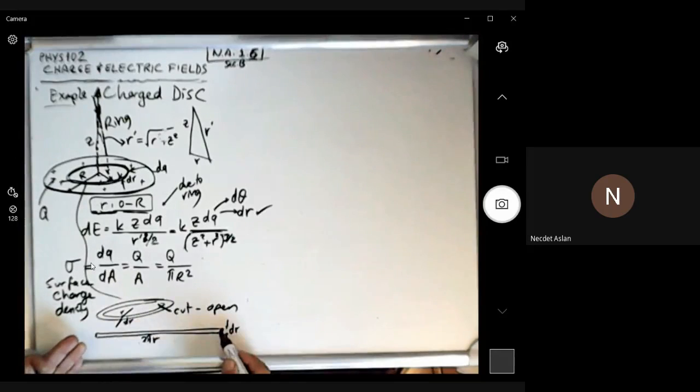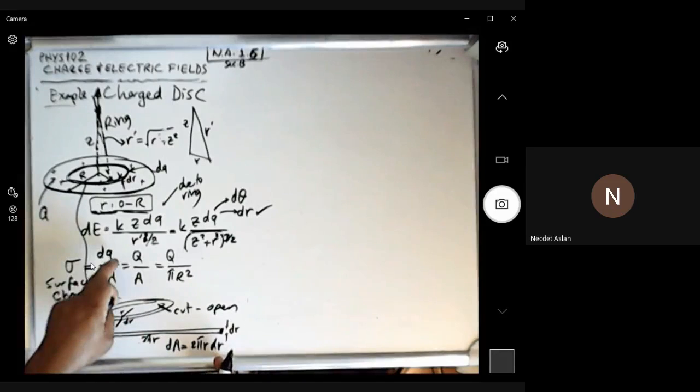This side will be just dr, but this long side will be 2 pi r, the circumference of this circle, where the inner and outer distances are almost the same because dr is very small. The area of this rectangular segment is just the product of these two, right? dA will be given as 2 pi r dr.